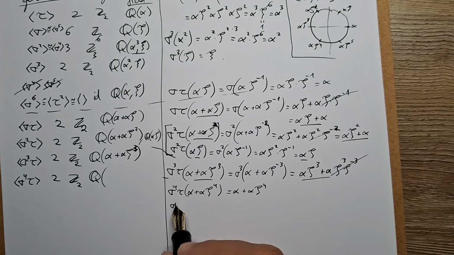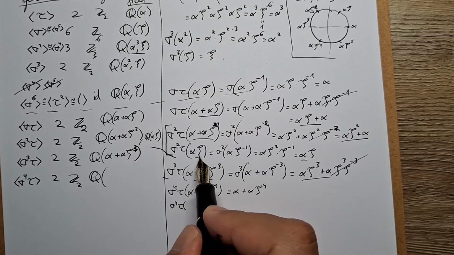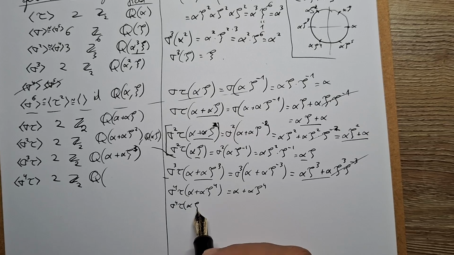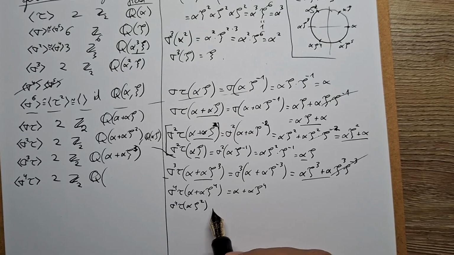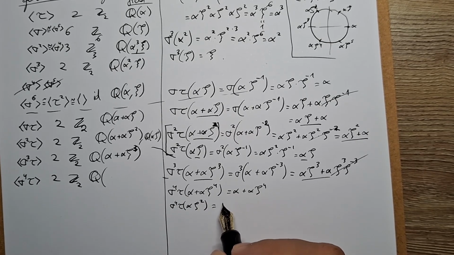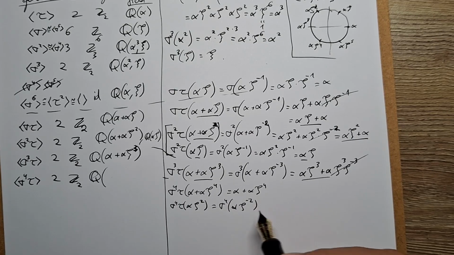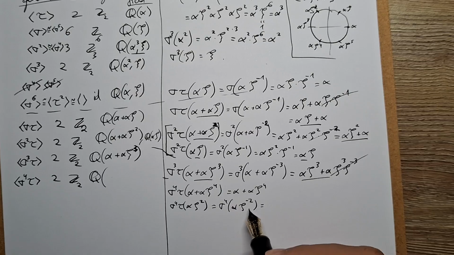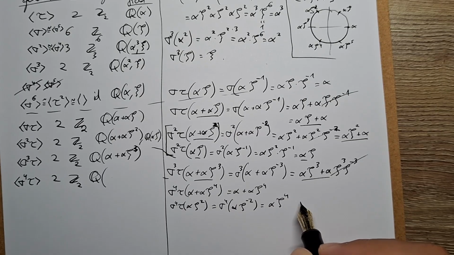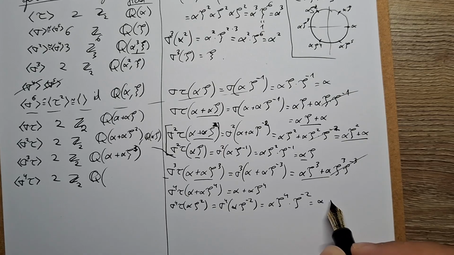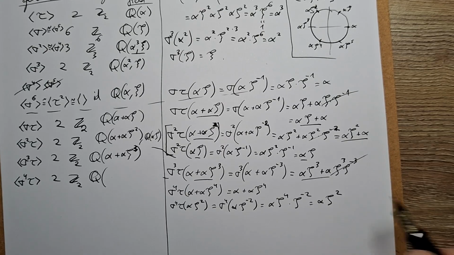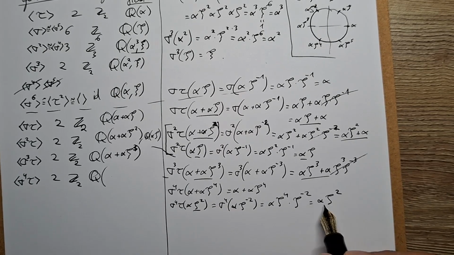And also we can use a variation of this one, which is alpha theta squared. This will also give us alpha to the -2, theta to the -2, equals alpha theta squared to the 4 multiplied by theta to the -2, which is alpha theta squared, which is what we had initially.